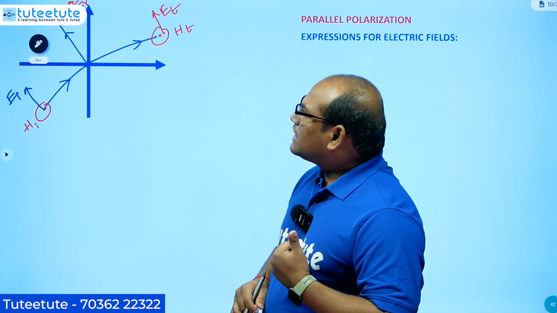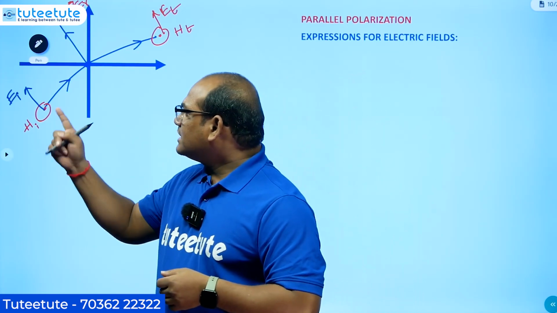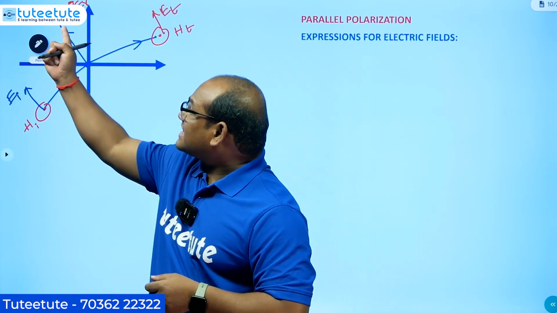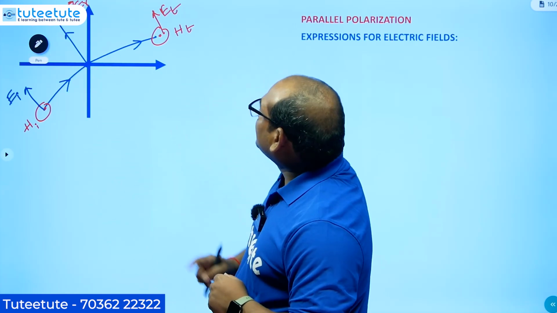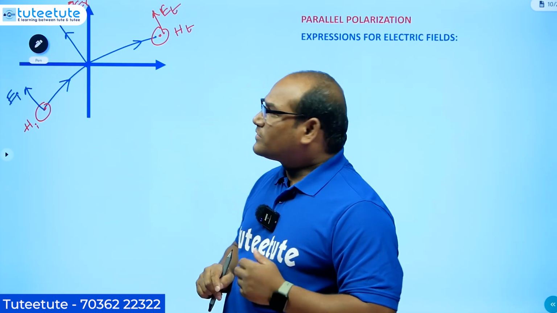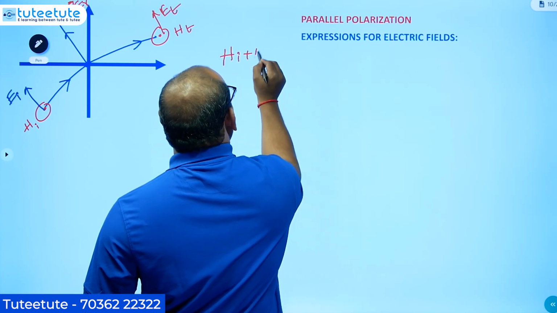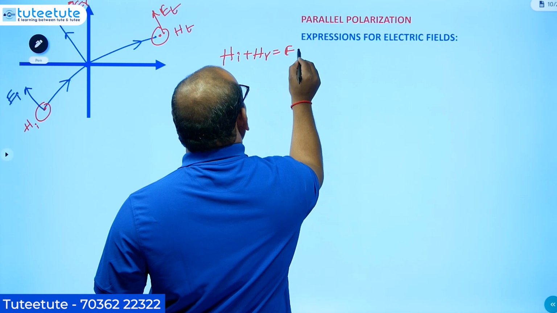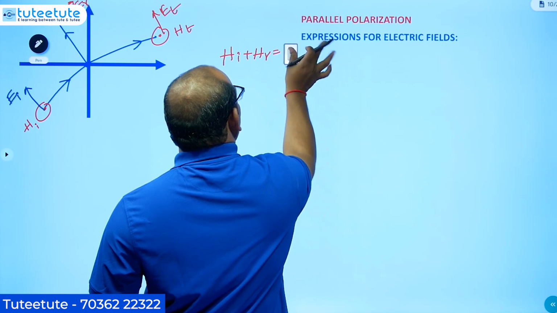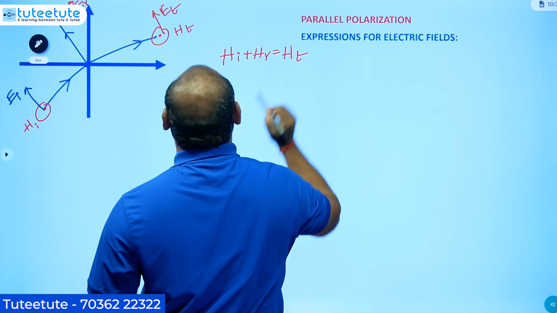So that here anyhow HI is tangential to the boundary, HR is also tangential, and HT is also tangential. So that accordingly we can write HI plus HR is equal to HT. Like this we can take.